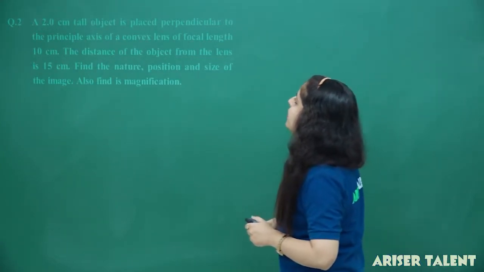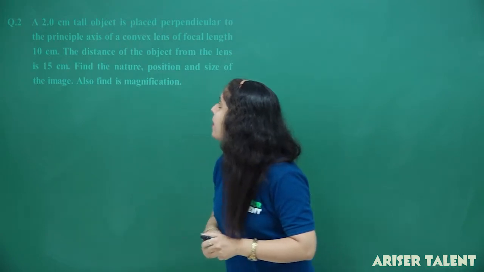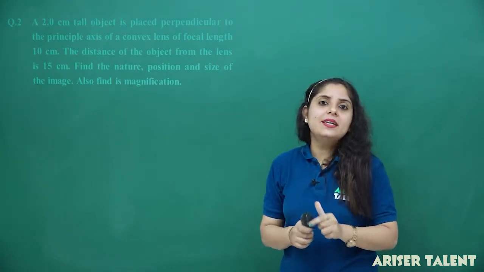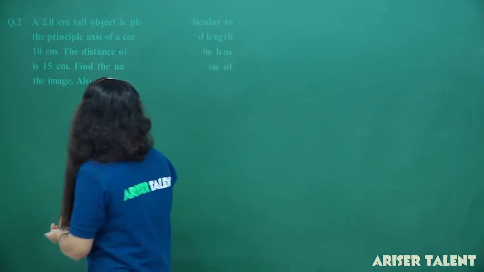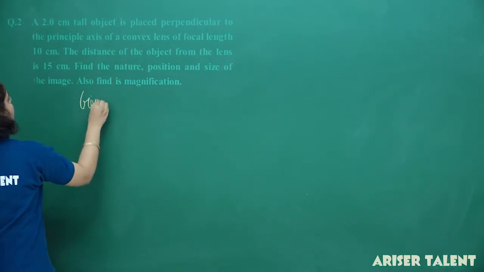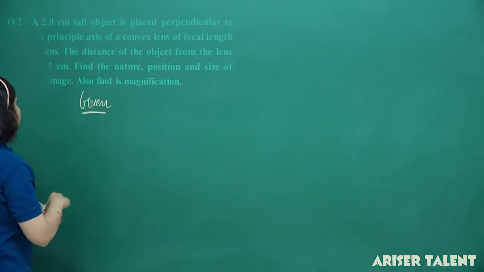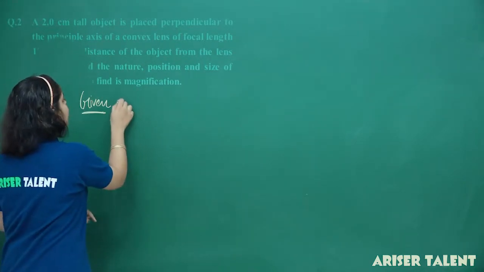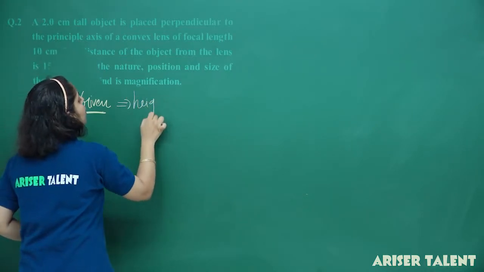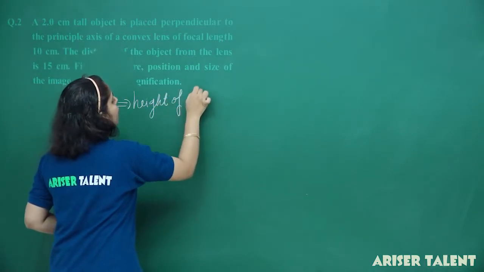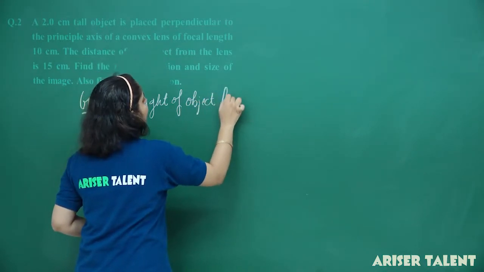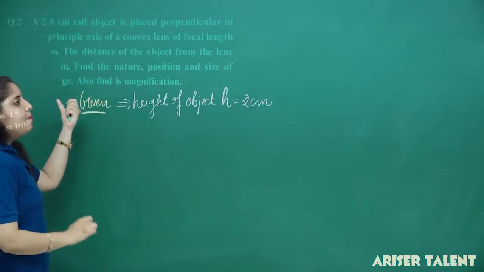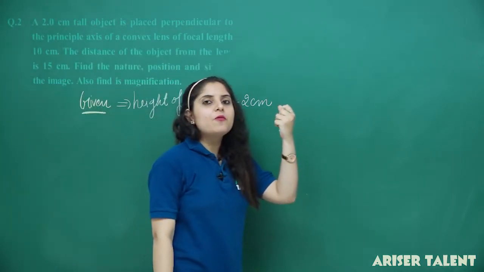A 2 centimeter tall object is placed perpendicular to the principal axis of a convex lens of focal length 10 centimeter. So firstly, again I am writing the given conditions. What is given in the question? The question is saying the object is 2 centimeter tall. So what is given? You are provided with the height of the object. Height of object, that is small h, and the object is 2 centimeter tall, is placed perpendicular to the principal axis of a convex lens.